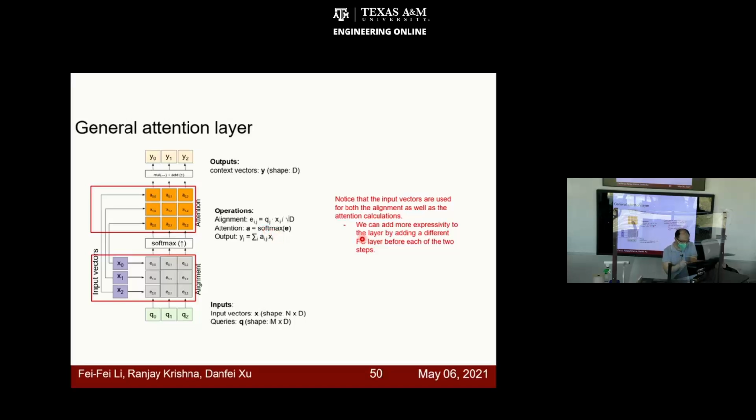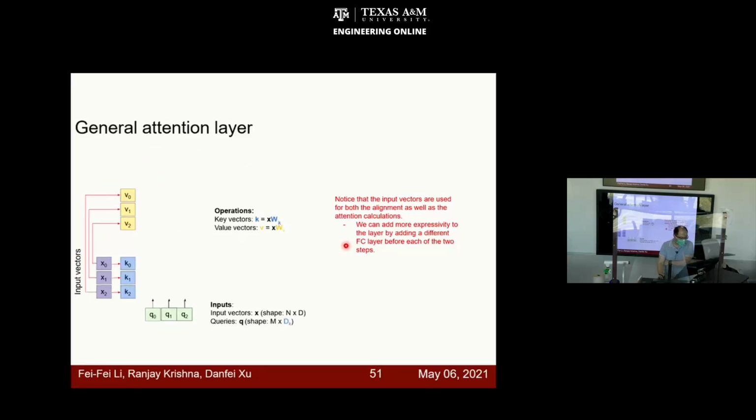We could add an additional layer, like a fully connected layer, very easy, so that we don't use the same input vectors in both steps. Because in the first step of alignment, x_i is used, but in the attention step, it will be transformed using the additional layer. So that's another thing that can be made more general.